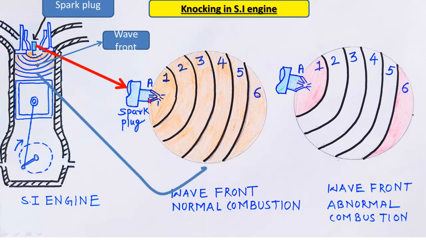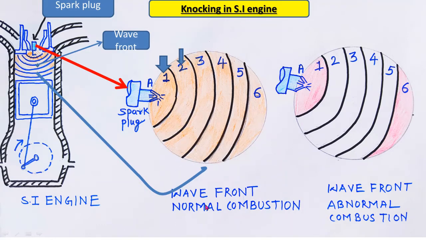You can see this. Now, let us first understand the process of normal combustion. When the spark is made by the spark plug, the layer of charge in immediate contact with the spark plug, that is layer 1, denoted by the number 1, starts burning. When layer 1 is burnt, because of the heat produced by its burning, layer 2 will start burning.